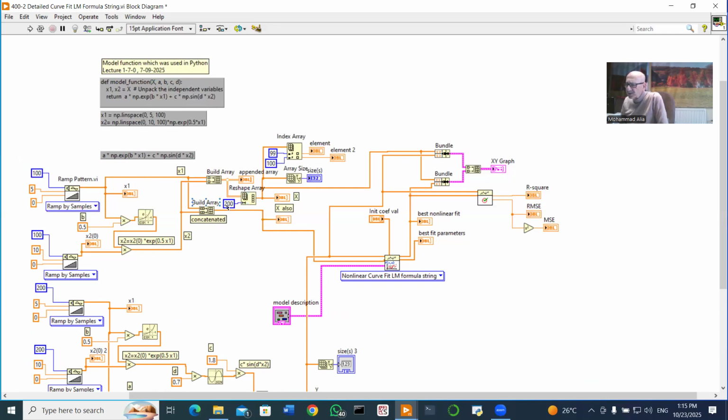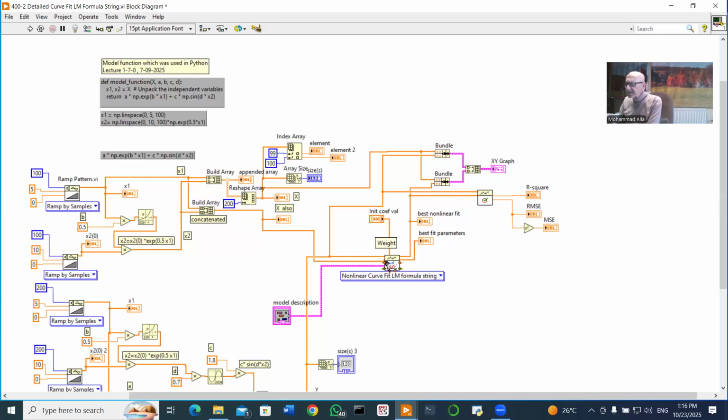So I have put here 200 as a size, and at the output here we shall get big X. It is the same as the X which we get at the build array when it is concatenated. So the value here or the value here could be input to the X input of the function.